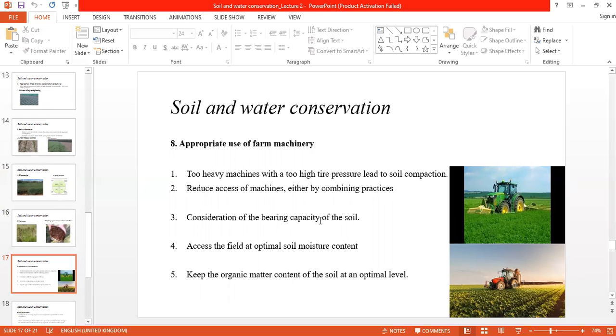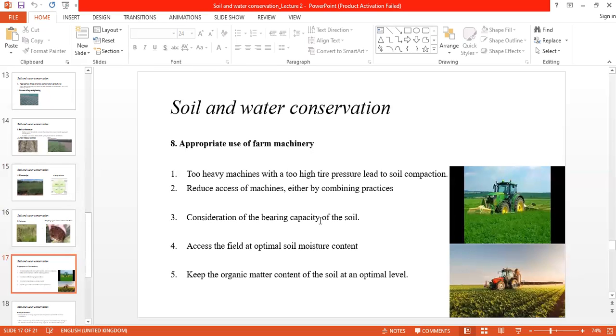So this one, the people who use it are mostly those who have done agricultural engineering, because they are the ones who mostly deal with machinery on the farm. So they will do this parameter, the bearing capacity.